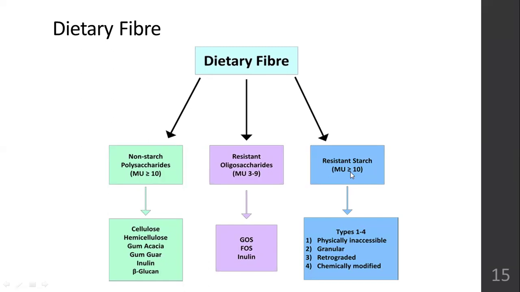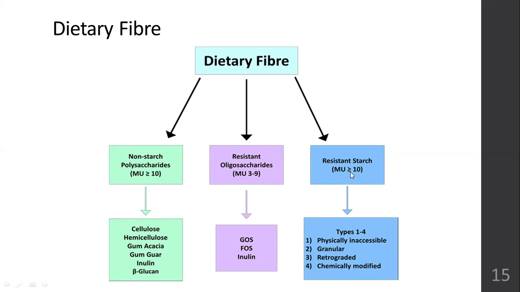Resistant starch, if you remember the previous class, we have discussed briefly. For example, white rice: if you boil it, steam it, have cooked white rice, and allow it to cool down, or keep it in the refrigerator and use it the next day, it has become resistant starch.